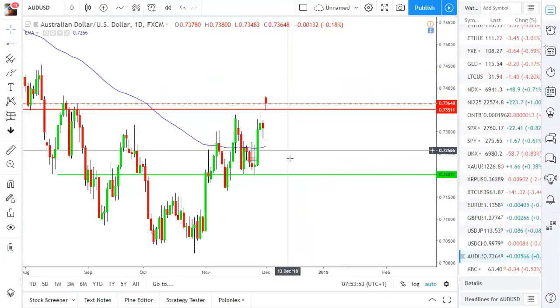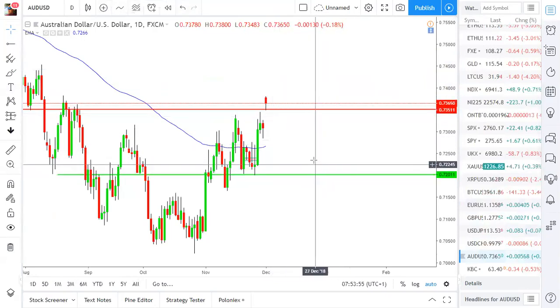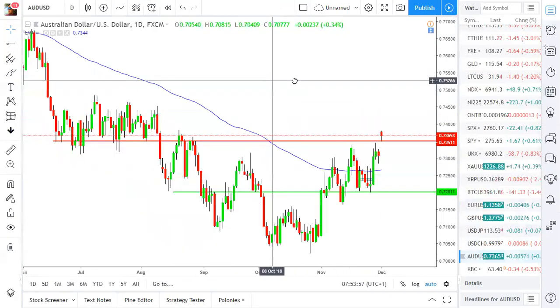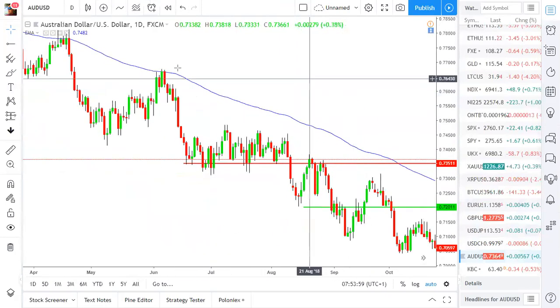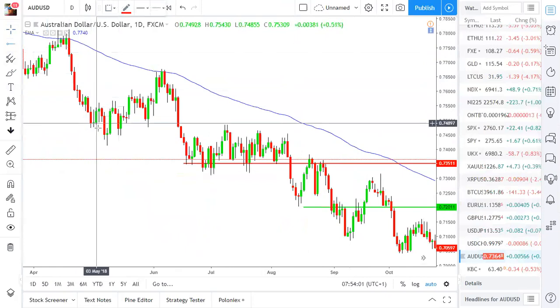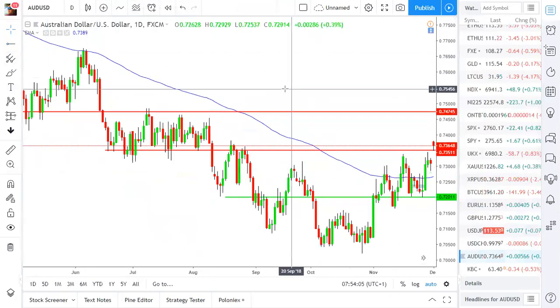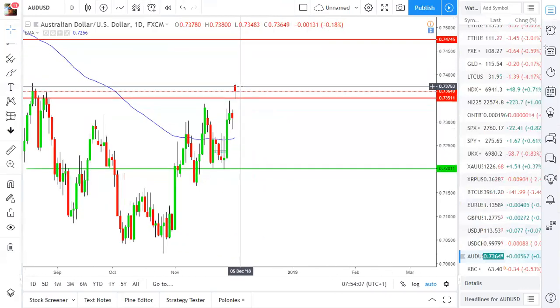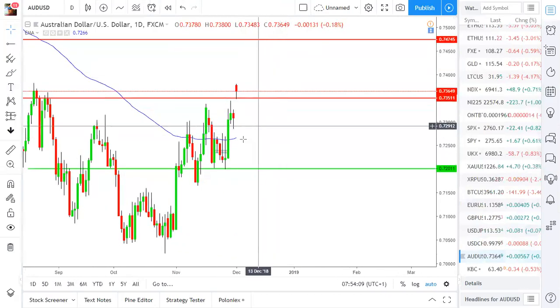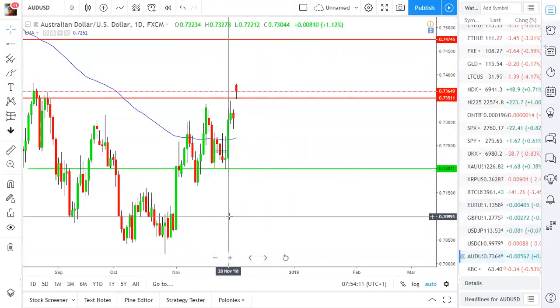If it does break back through, I'll be looking for it to find support on this green line that I've got right there. This is definitely another resistance area around about there. So these are the levels I'll be paying attention to and dropping down to lower time frames to see if I can find entry reasons on this particular pair.